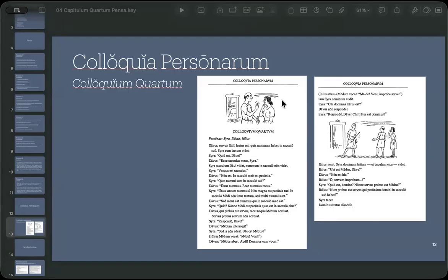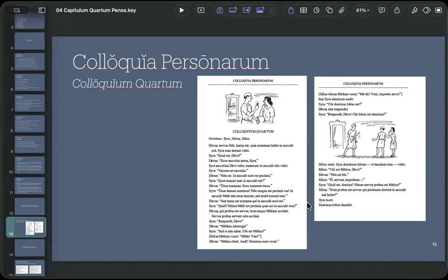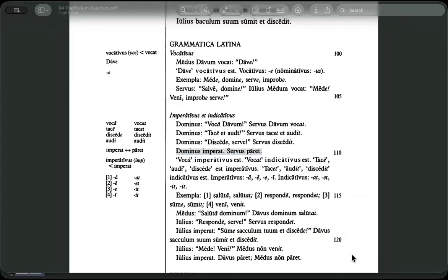All right, and we wanted which page? Which page is this? Oh, this is colloquium partum. Good grief. All right. So we will add, we add the share.